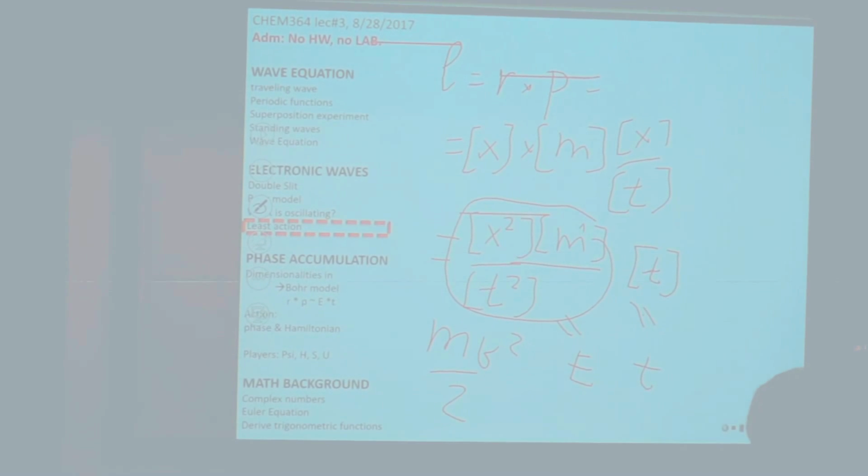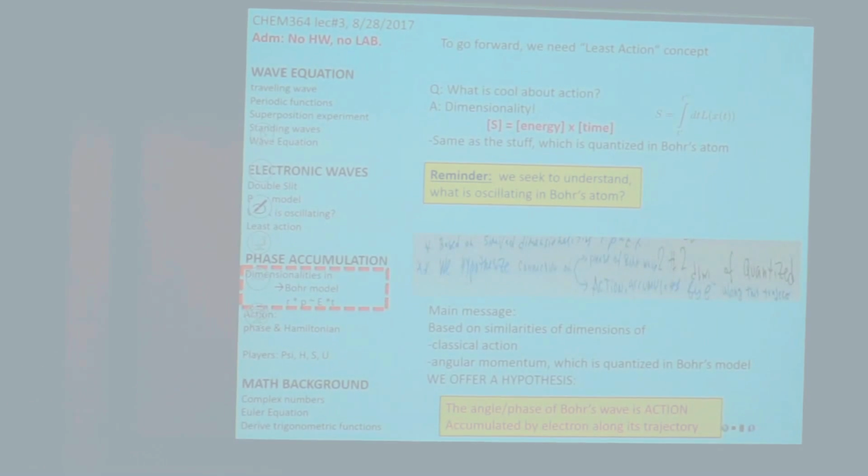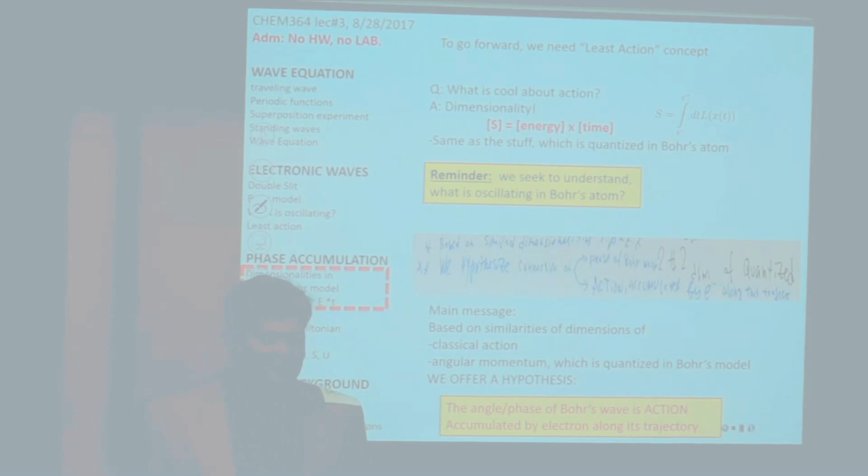Objections? Then it is ultimate truth. So, argument of Bohr's wave is action divided by Planck constant. If you object now, or stay silent until the end of the course.